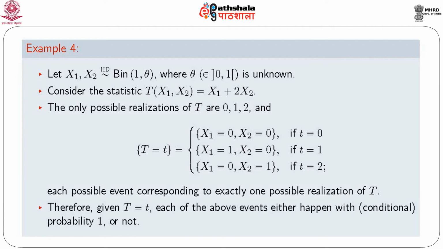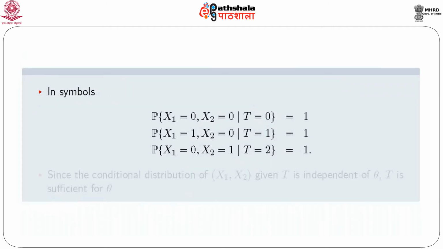Therefore, given T equals small t, each of the above events either happens with conditional probability 1 or does not. In symbols, probability X1 equals 0, X2 equals 0, given T equals 0 is equal to 1. Probability X1 equals 1, X2 equals 0, given T equals 1 is equal to 1.